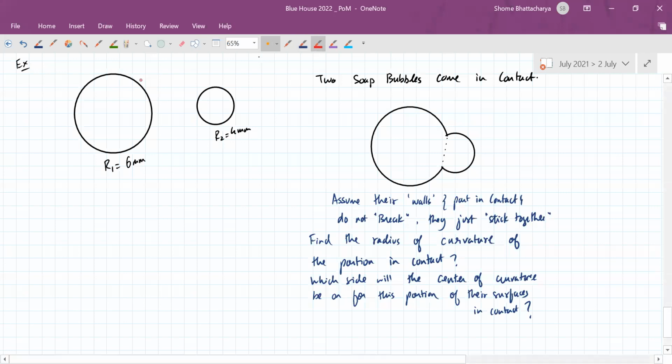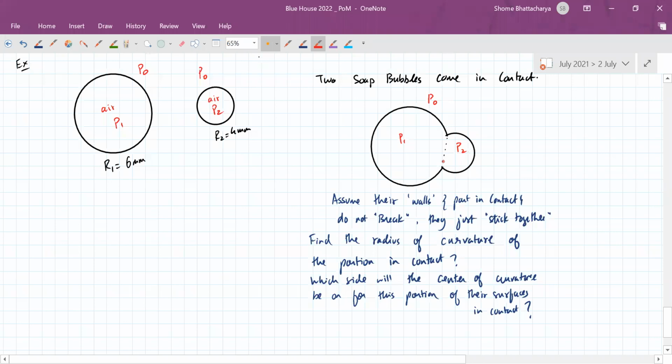So basically you can approach it like this: if the external pressure is P0, then the pressure of air inside this bubble is P1, and the pressure of the air inside this bubble is P2. That situation remains the same because this contact surface has not been breached. So the air on this side is still at its pressure P1, which is different from the air on this side. So that will cause a certain curvature for this part which is in contact.